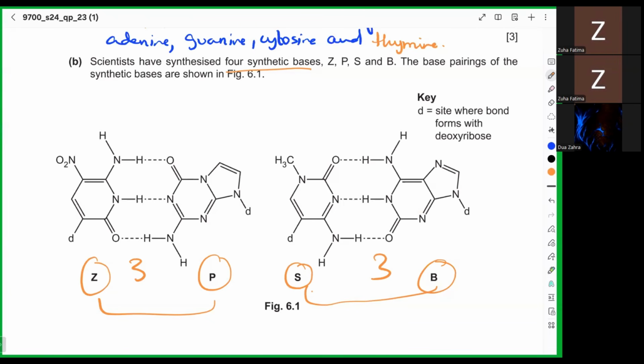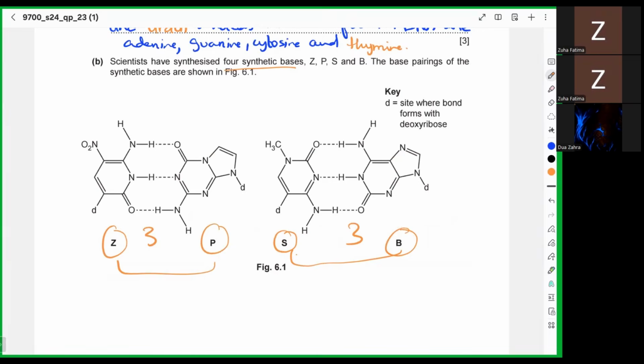Which two bases associate with 3 hydrogen bonds? Adenine and thymine associate via 2 hydrogen bonds, whereas cytosine and guanine associate via 3 hydrogen bonds.